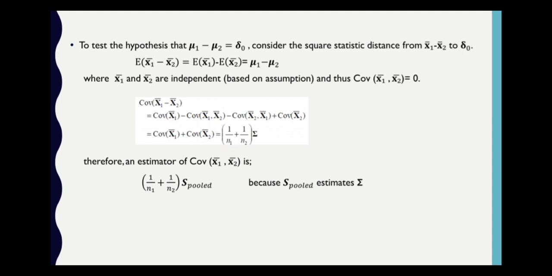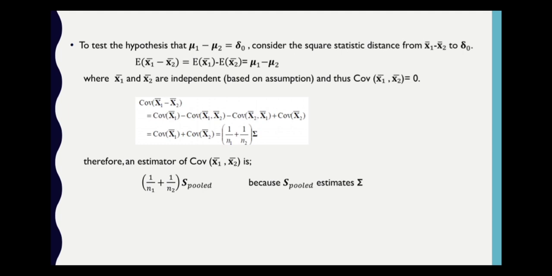Right? So here it is big sigma 1 divided by n1, here big sigma 2 divided by n2. So it should be sigma 1 over N1 plus sigma 2 over N2. This is from the theorem from the previous chapter, maybe chapter 3 before this.